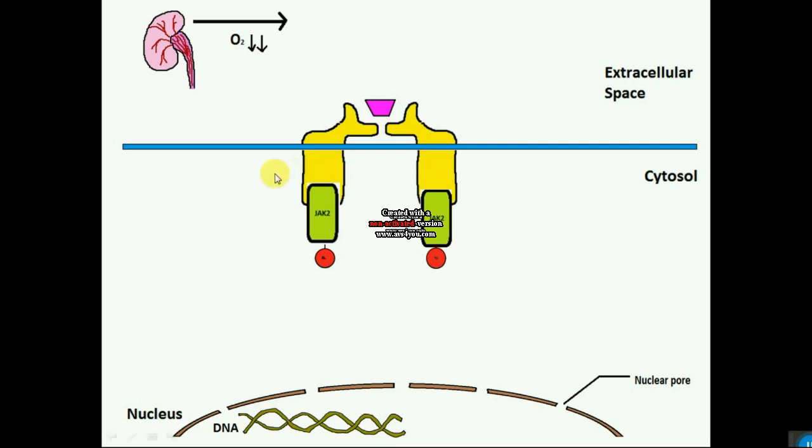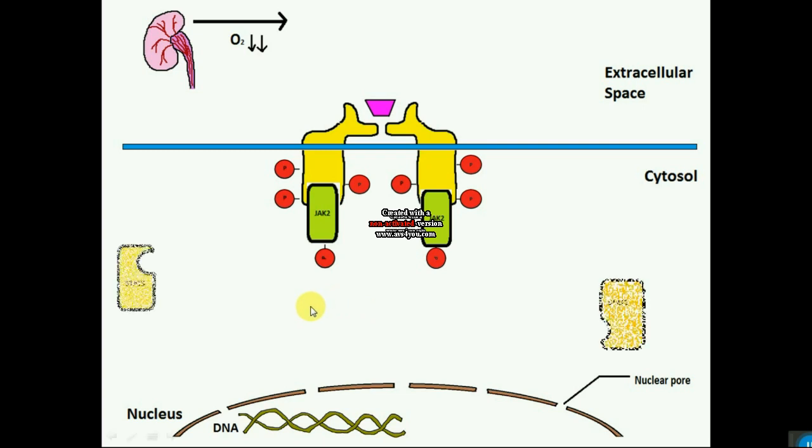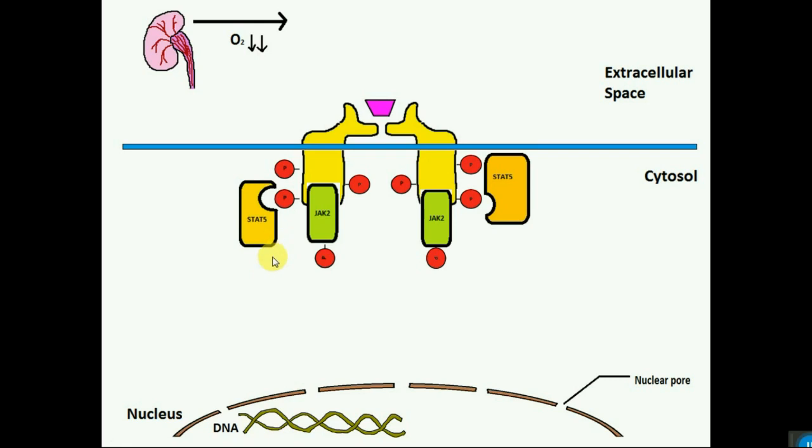Now another protein, known as transcription factor STAT5, which is present in the cytosol of the cell, now moves towards this phosphorylated tyrosine in the EPOR monomer, and the phosphate group binds to the SH2 domain of STAT5.